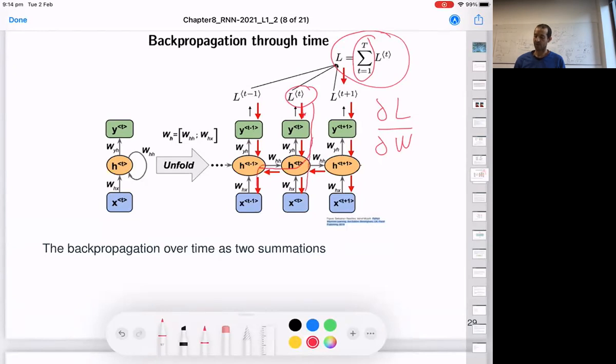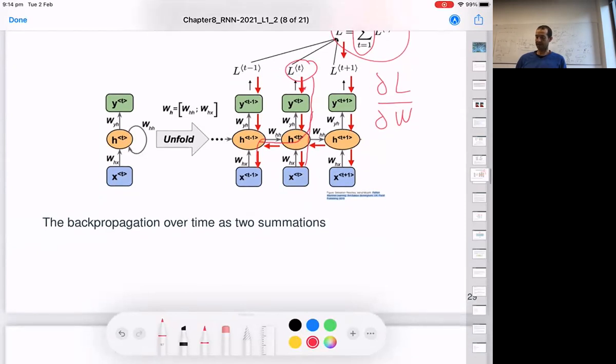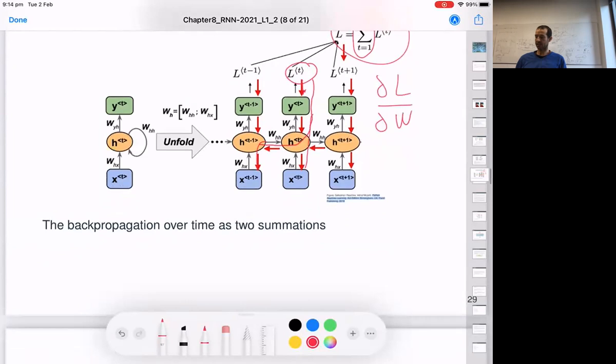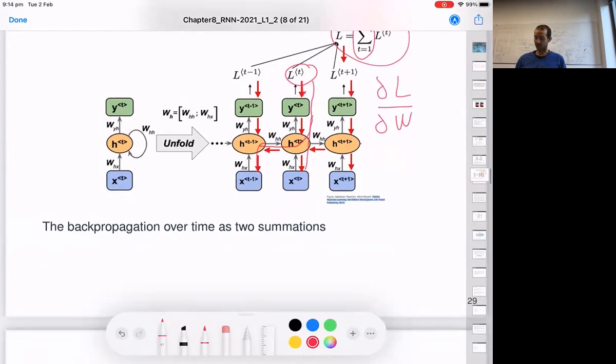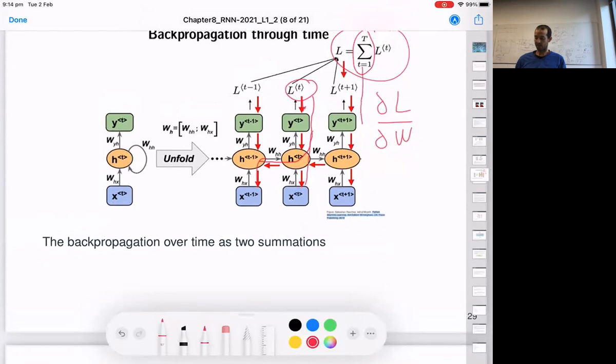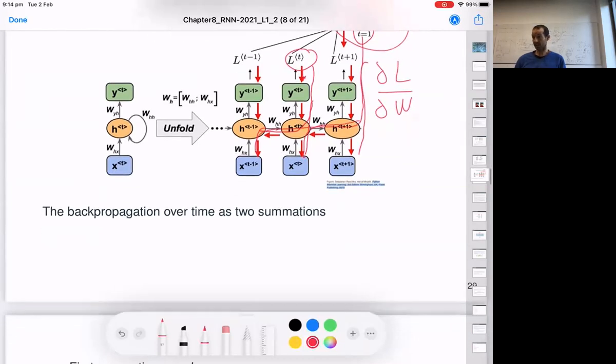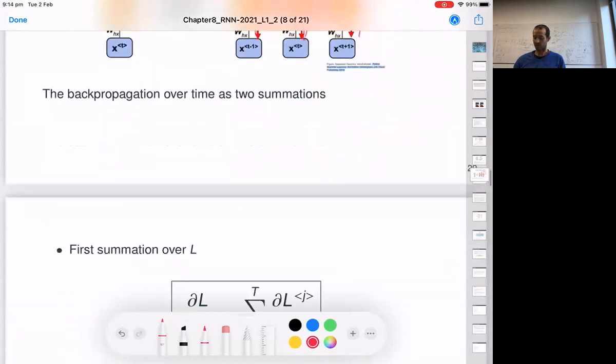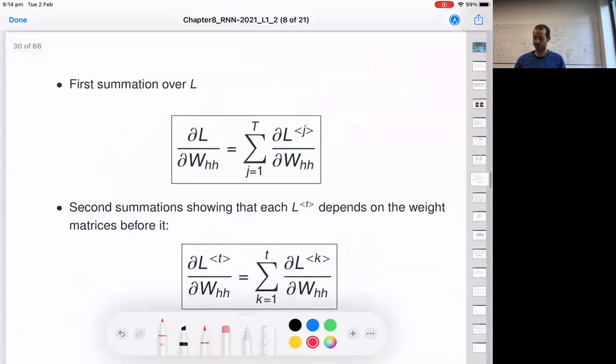So you have a sum over all the W. Makes sense? Or for example, for L t plus 1, you have this path, and this path, and this path, and this path, and this path. So now we need to apply the backpropagation step, the chain rule.